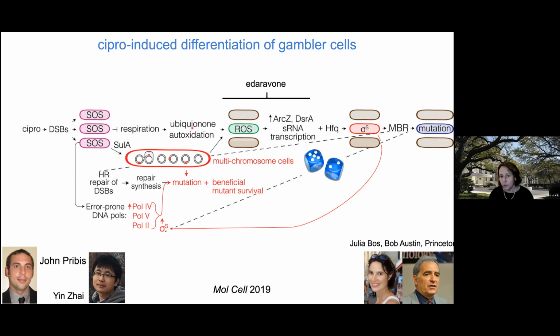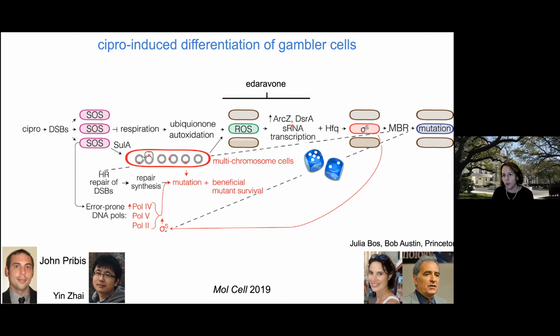If John looks at ubiquinone mutants, they don't make reactive oxygen either. So his hypothesis was that SOS was inhibiting the electron transport chain. When you do that, you get autooxidation of ubiquinone, and that releases reactive oxygen. This part was a hypothesis, whereas the rest of this picture is actually demonstrated.